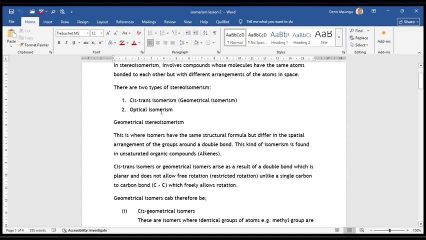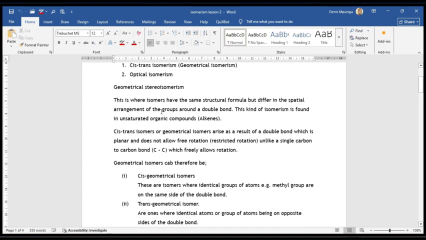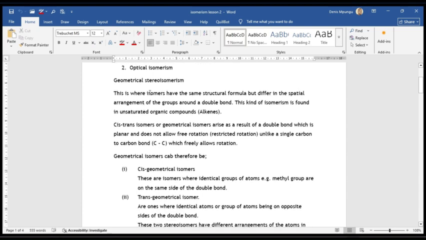With geometrical isomerism, as you hear the word geometrical, mathematically we are going to look at planes, how the structures of these compounds appear in terms of their atoms and bonds in 3D.